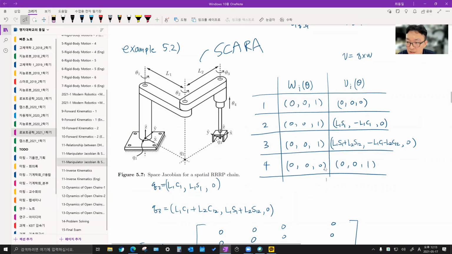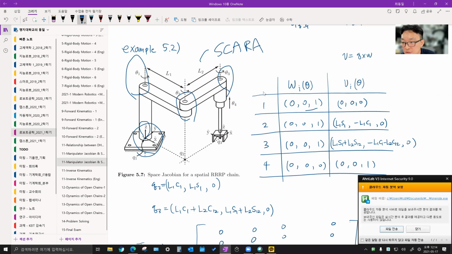So in the rotation axis, the rotating screw axis can be found based on the space frame, and the space frame is here, and the rotation axis theta 1, theta 2, theta 3 is rotating about the z axis of the space frame. So it becomes 0, 0, 1, 0, 0, 0, and so on.